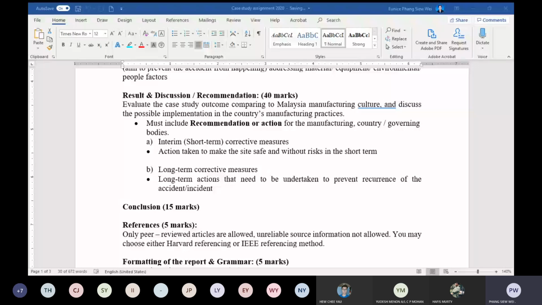It's different from your FYP report, where you cannot cite internet resources. But for safety, yes, you can cite internet references because that's how you get your knowledge. Just one thing: don't cite Wikipedia. You know why? Because you and I can change that. So don't cite Wikipedia. The rest you can cite.